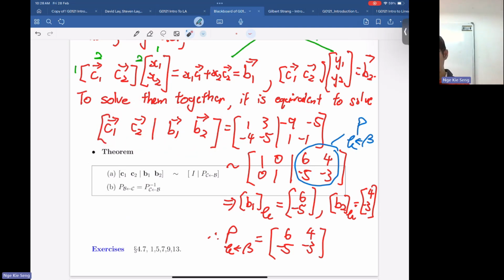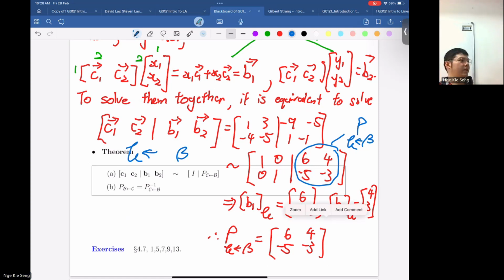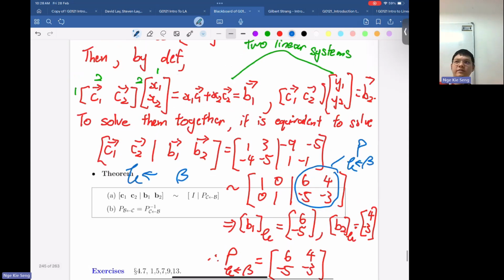After you row reduce the C part to identity, what's left over is the change of basis matrix from B to C. Any question so far?